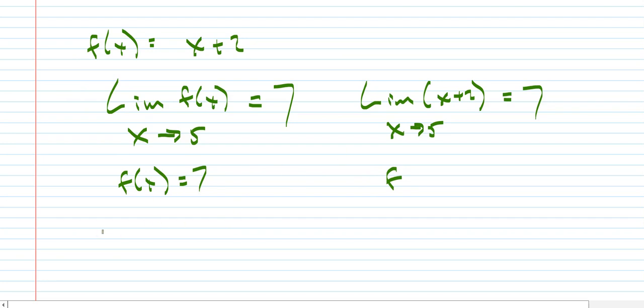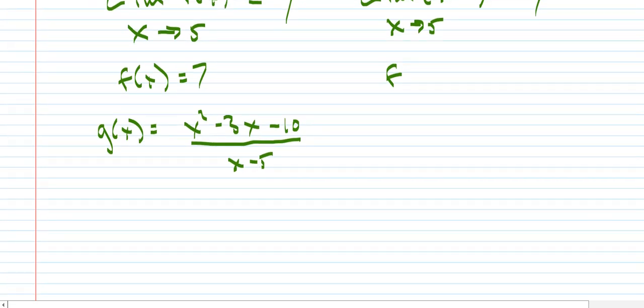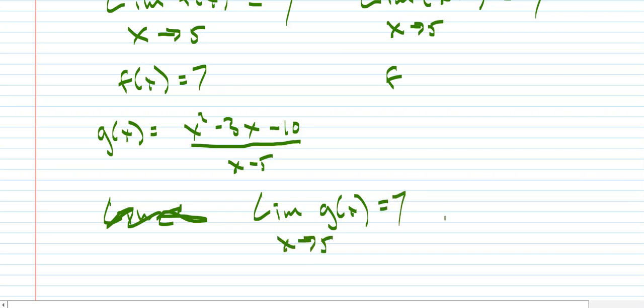But in the second function that we looked at, g of x, which was x squared minus 3x minus 10 over x minus 5, we discovered that the limit of g of x as x approaches 5 was 7.